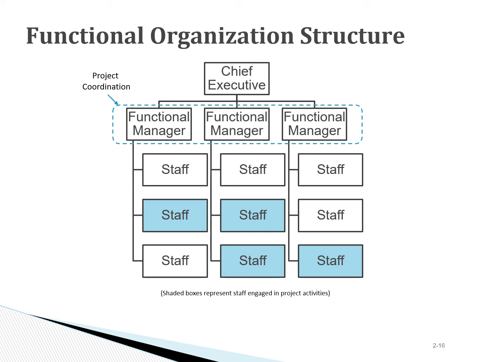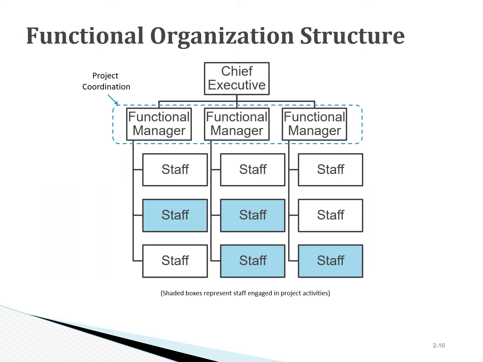But when in this organization a project is being formed, the staff for the project are pulled from various functional areas and put together. And as you can see, those staff still report to their functional areas.